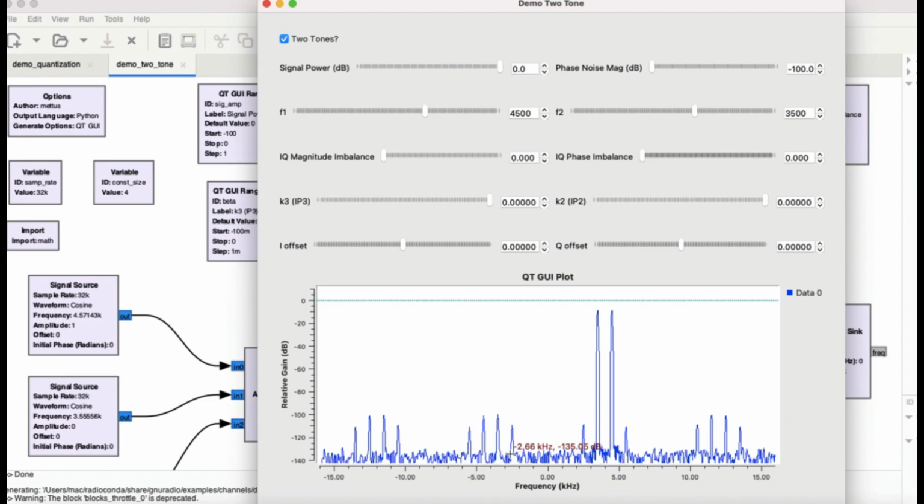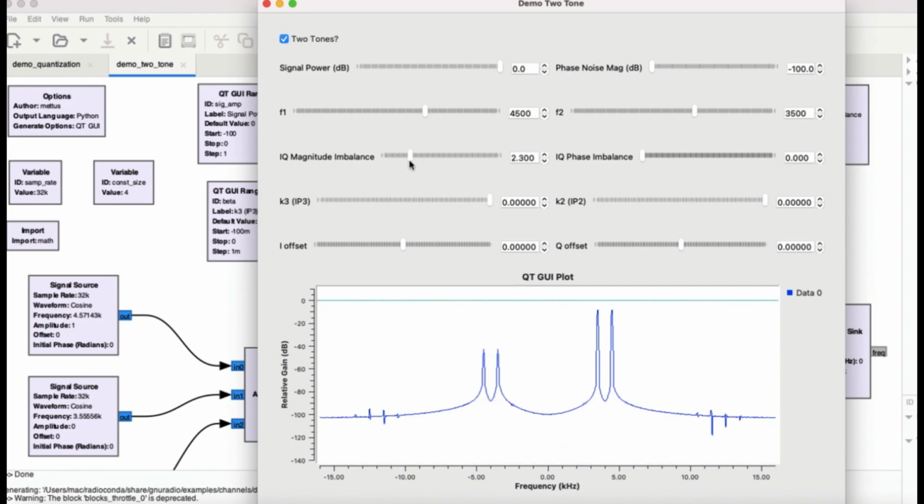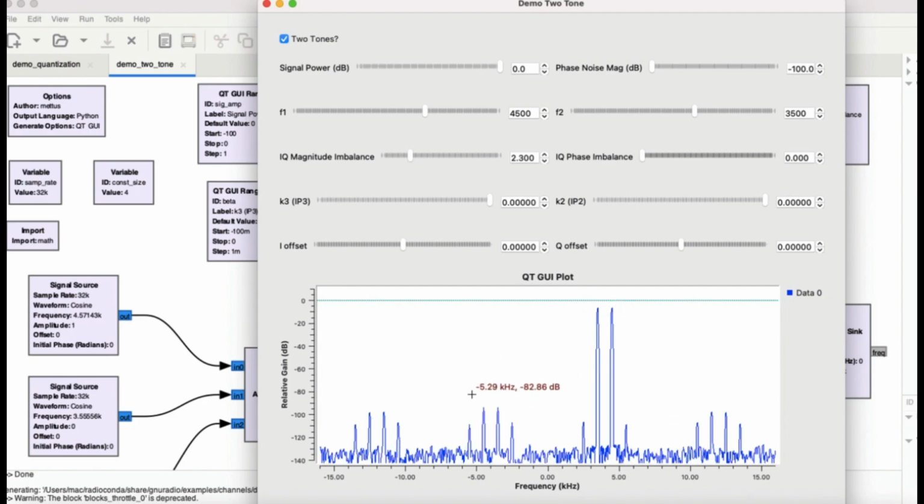And now let's look at your IQ magnitude imbalance. Let's change this one at a time and see what the effect of your IQ magnitude imbalance will be. Once I change this, you would see that the magnitude will automatically jump into a higher relative gain, and you will have imperfect gain matching at your IQ channel, which will reduce your signal quality as well.